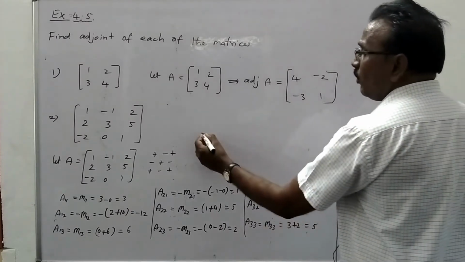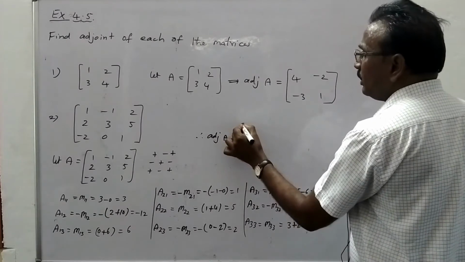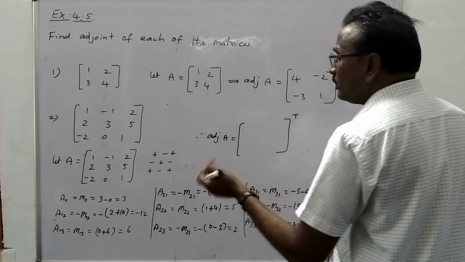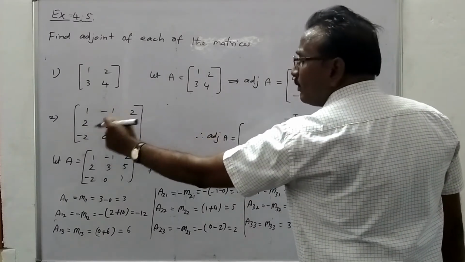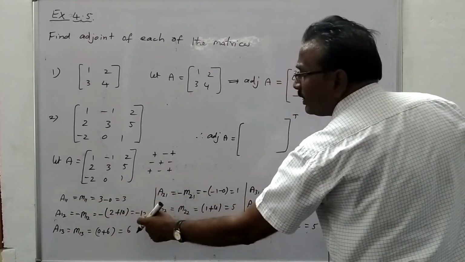Therefore the adjoint of A is the transpose of the cofactor matrix. What are the first row cofactors? Capital A11, capital A12, capital A13 are 3, minus 12, 6.